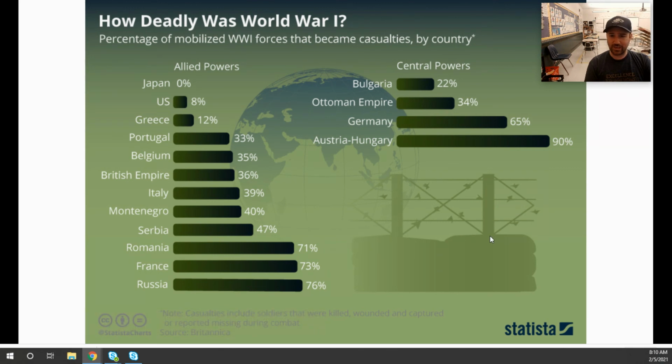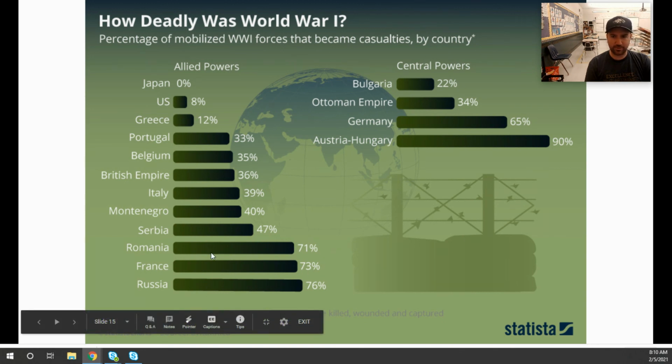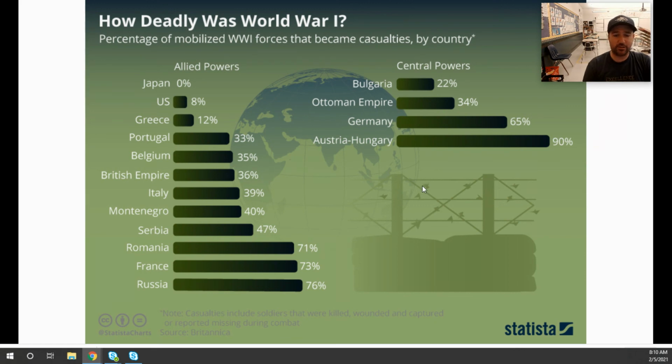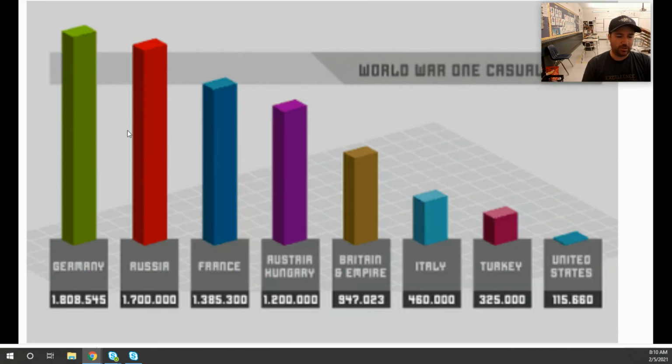So it was deadly for all sides, and this war does take a significant toll on the populations of some of these areas. The French have 73% of their soldiers as casualties. The French lose 10% of their population in this war because a lot of the fighting was done on the Western Front in France.